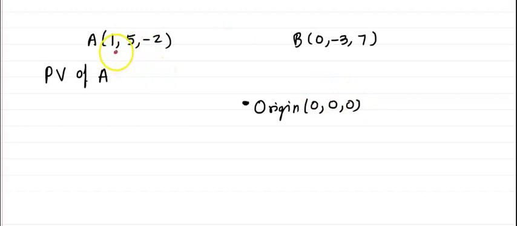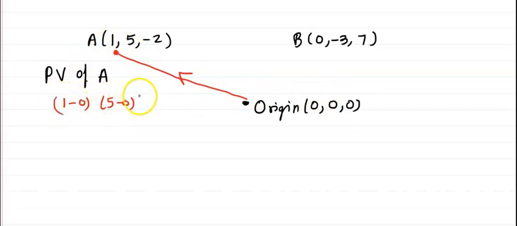So if this is point A, you join OA. The position vector of A will be 1 minus 0, then 5 minus 0 and -2 minus 0. So you get the same vector, 1, 5 and -2.